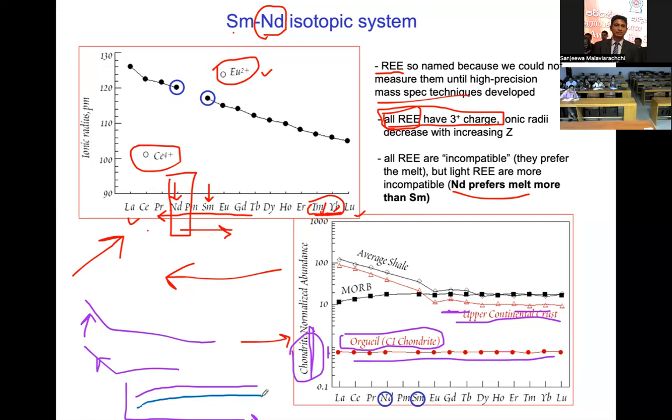Residue contains less rare earth elements. So you will see a gap of trace element composition between the depleted mantle and the MORB. This difference you have to understand, but in general the pattern is the same. The pattern should be very similar, only the concentration gap is there, right? So just note these features down, they are important.